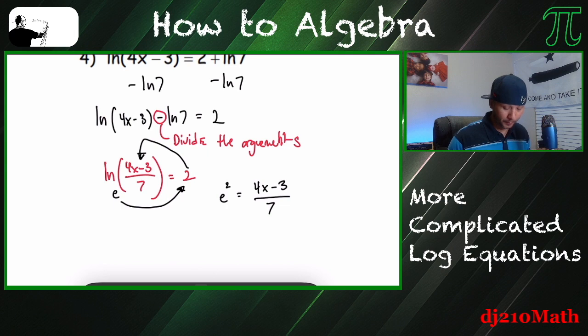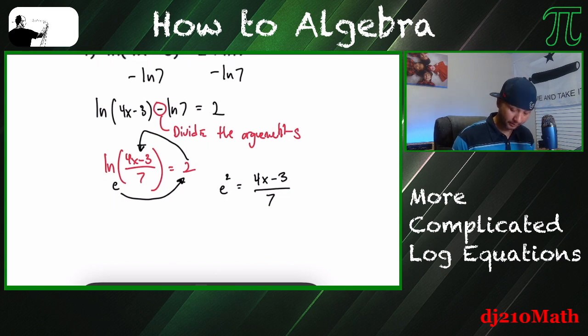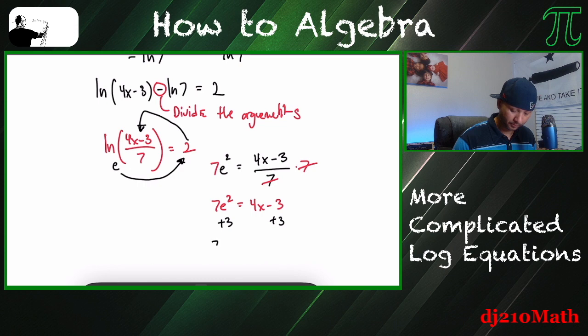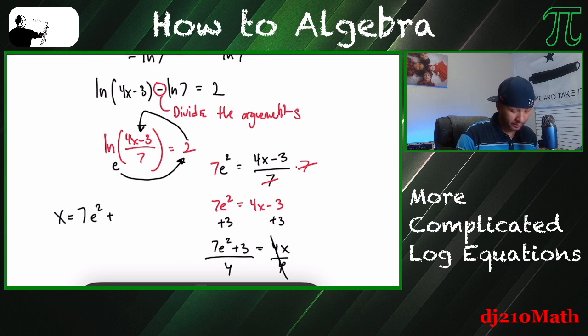All right, solving for x, multiply both sides by 7. Adding 3 to both sides. Dividing both sides by 4. So x is equal to 7e squared plus 3, all divided by 4.